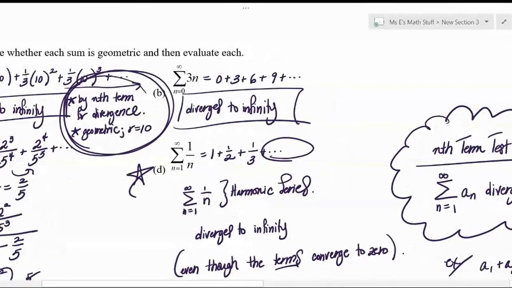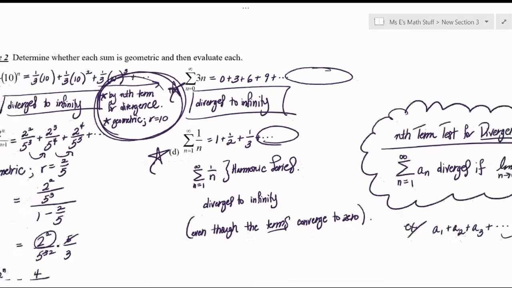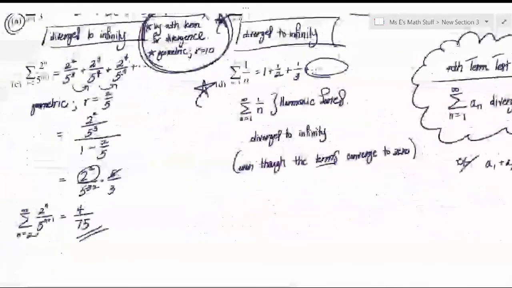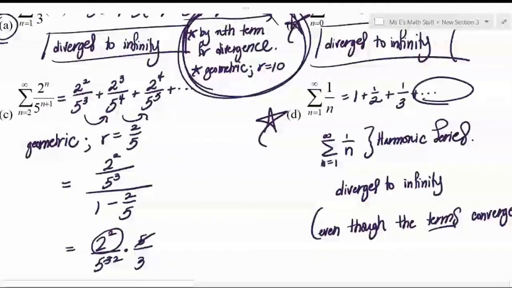Could you have used the nth term test for divergence for part B to say that since the terms don't go to 0, since at the tail end you're not adding up things that are approaching 0, then you'd know it diverges? Yes, you could have. Could you have used the nth term test for divergence for part C? It wouldn't take much work to show that the terms do approach 0.